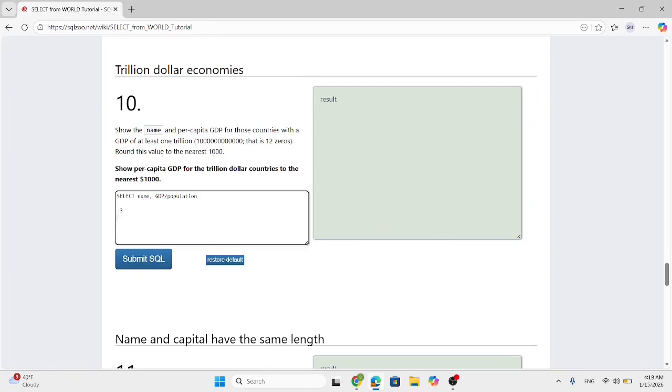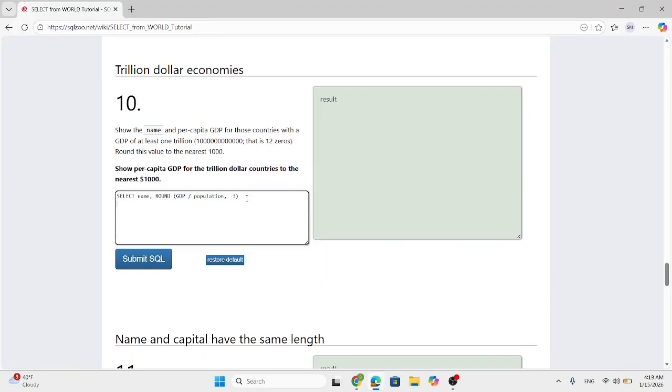If it says, for example, nearest 100, we need to write -2. So this is the meaning of this. And yes, we are going to write round here: GDP divided by population, and -3 here because of the nearest 1,000. Per capita GDP means GDP divided by population.